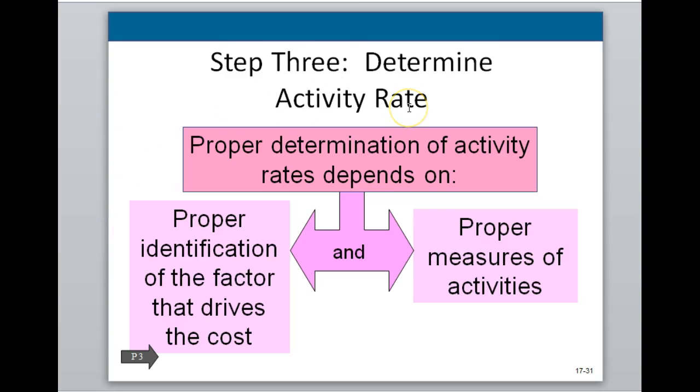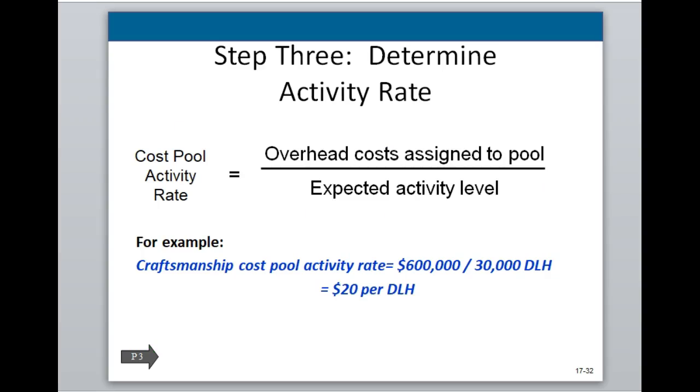Step 3, it says we're determining the activity and making sure it's identified with the factors that drive the cost and the proper measures of the activity. And once we do that, then we take the overhead cost assigned to the pool and we divide it by the expected activity level.